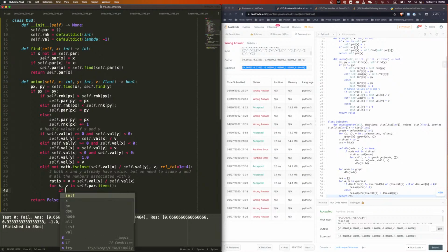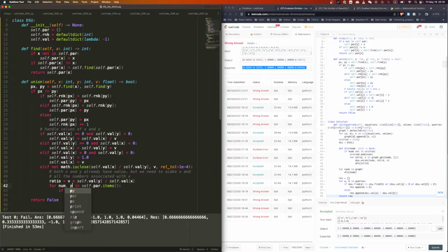If, oh, now v, so it shall be number and p, right? Parent in this. If parent is equal to px, then self.val number times equal to ratio. So into scale.